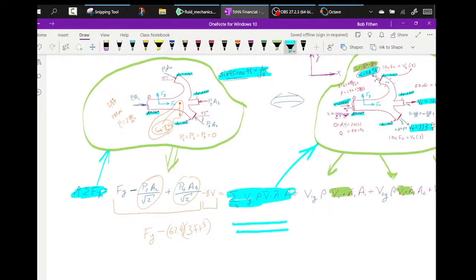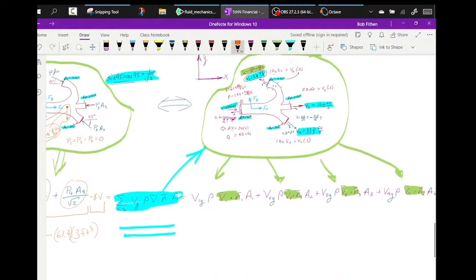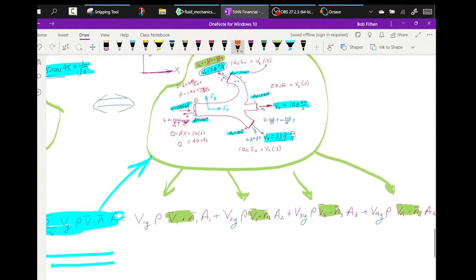Now I need to work on the right-hand side. So I'm going to change to this pen and say, okay, the y component of V1 does not exist. 0. The y component Vy2, whoa, it does exist.